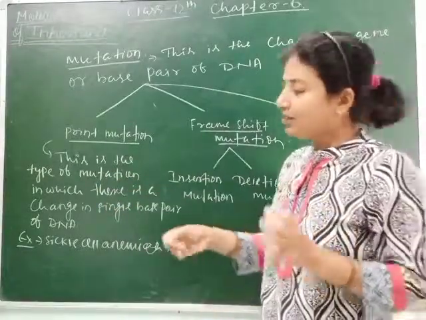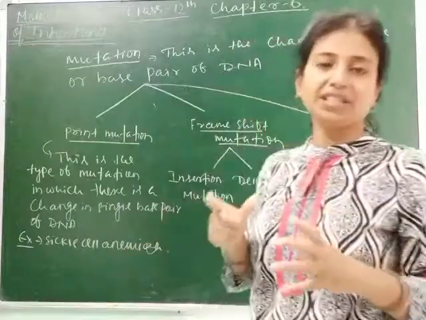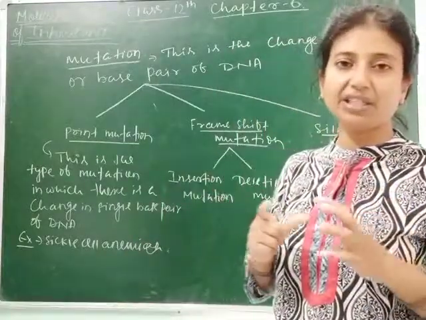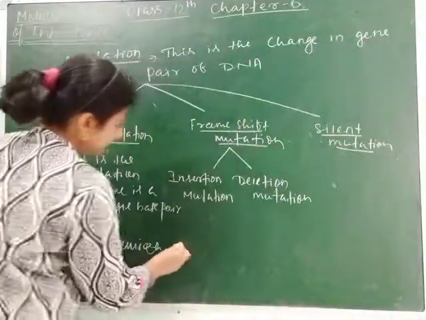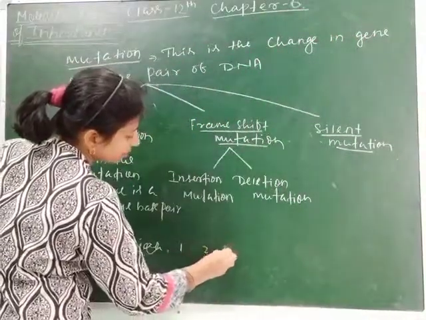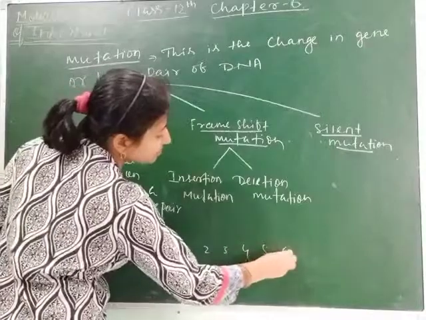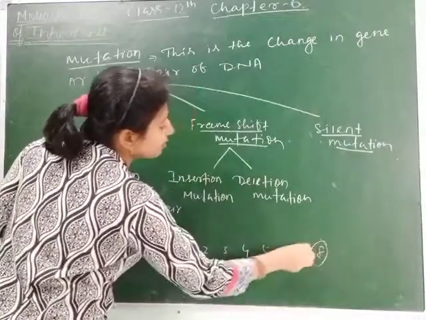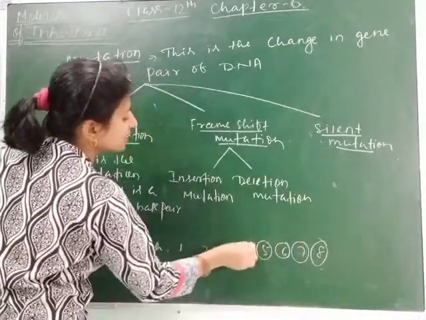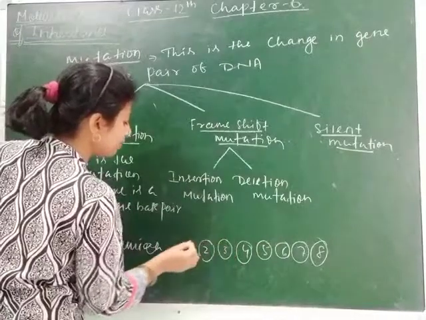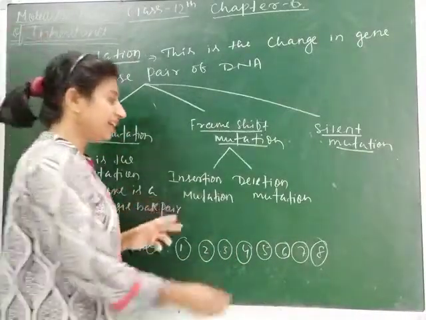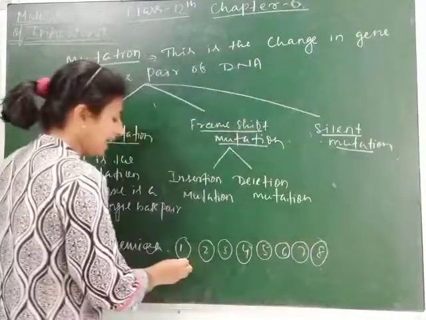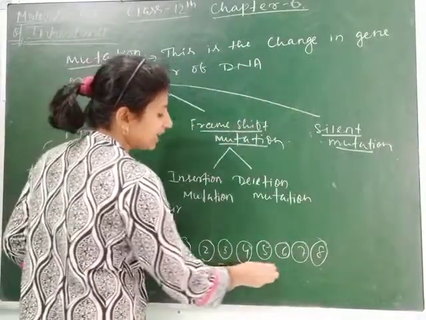In normal RBC, the beta globin chain contains a sequence of amino acids, 1, 2, 3, 4, 5, 6, 7, 8, and so on, arranged by peptide bonds.